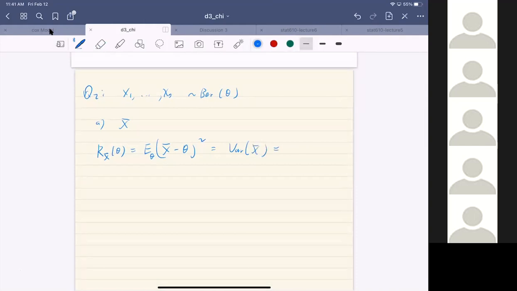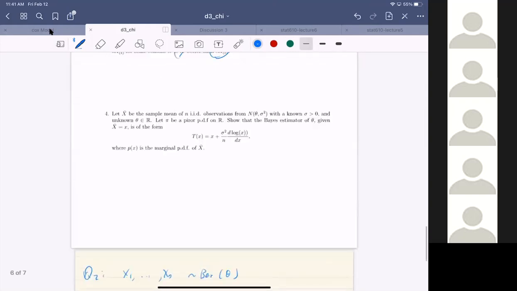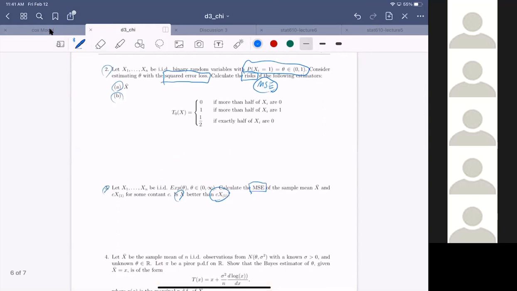We know the variance of X bar is equal to the variance of X over n, and this is a Bernoulli, so it should be this. And the second one is this.